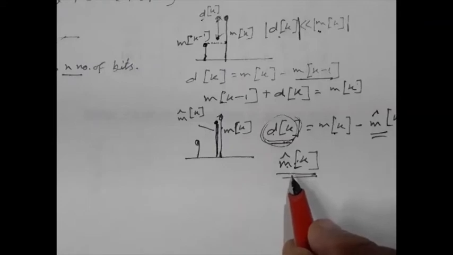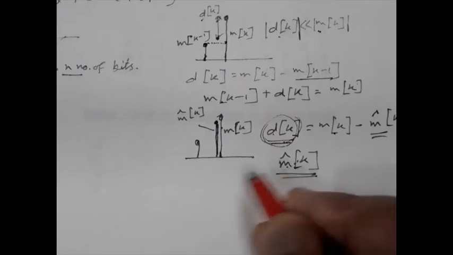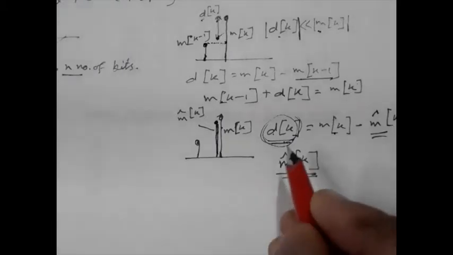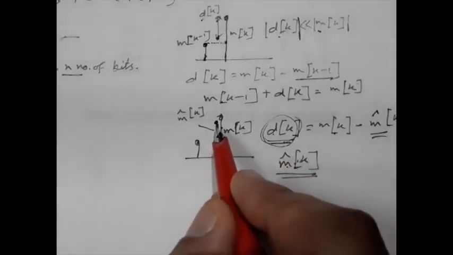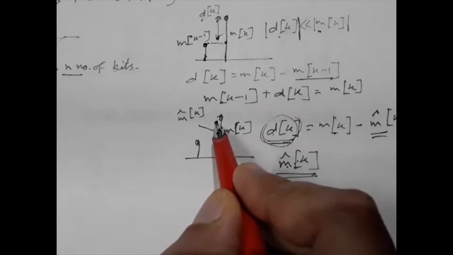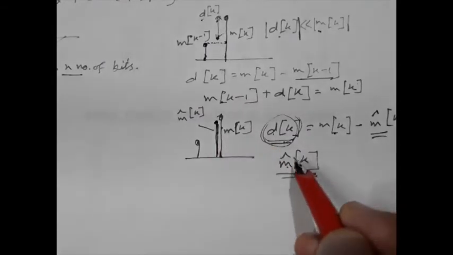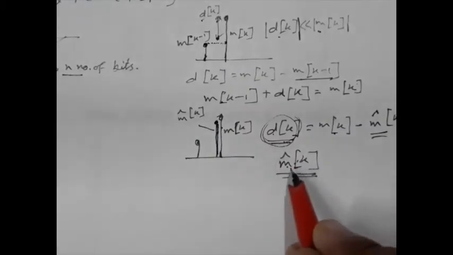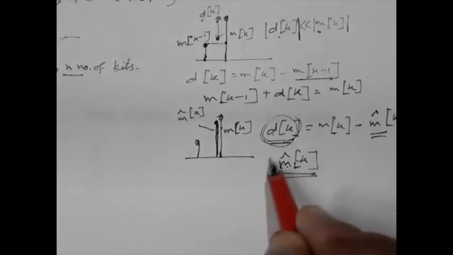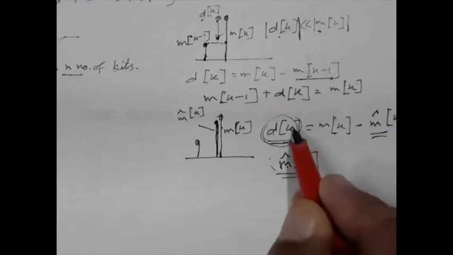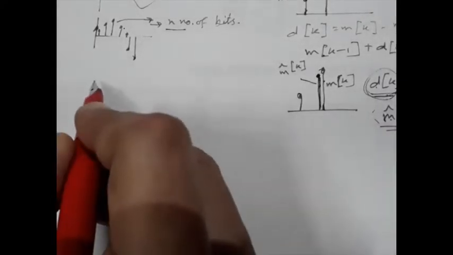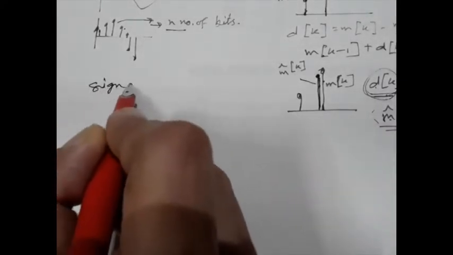If it is not physically feasible, then everything will be wrong. So first we will consider whether this estimation is possible theoretically, and then we will try to make the circuit so that this m cap k becomes feasible, and once it is feasible, the system will work. So now let us see the signal prediction.